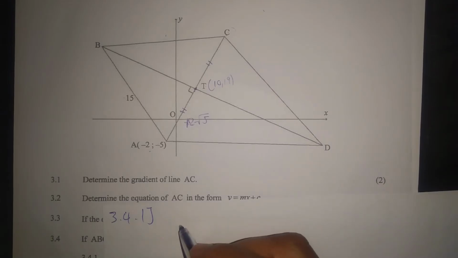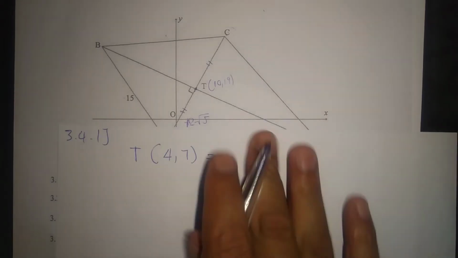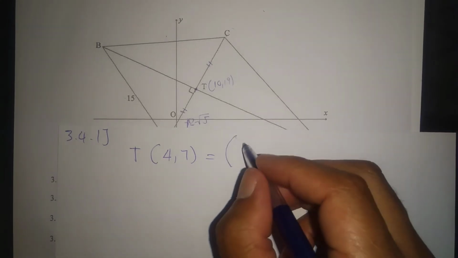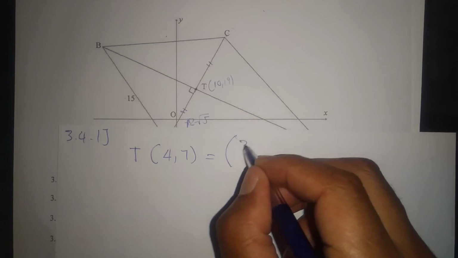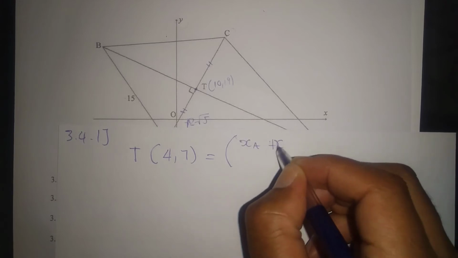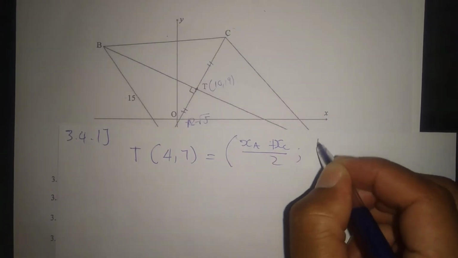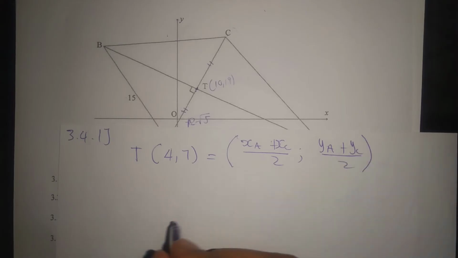3.4.1. Okay, the coordinates of T are 4 and 7, equal to the midpoint theorem. Sorry, midpoint is calculated as (XA plus XC divided by 2, YA plus YC divided by 2).